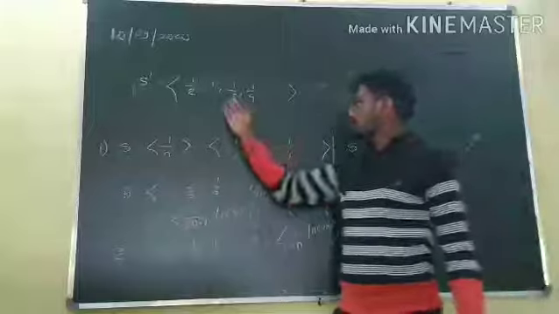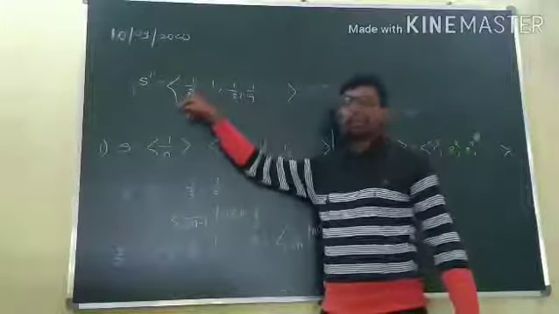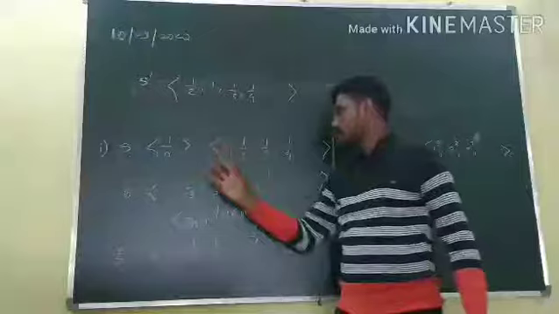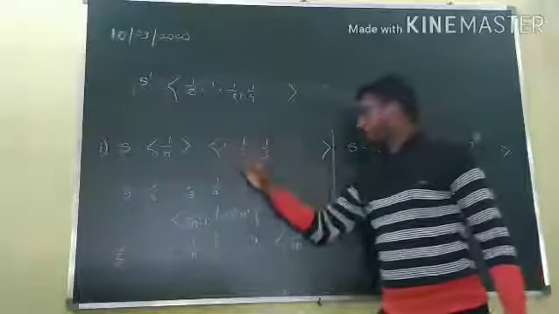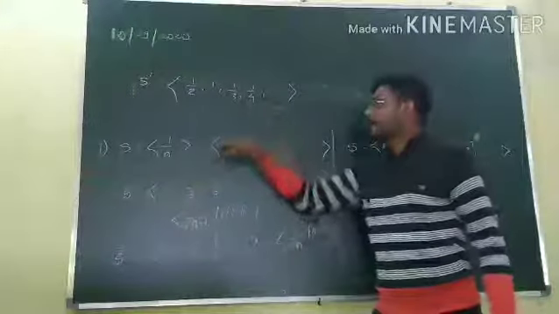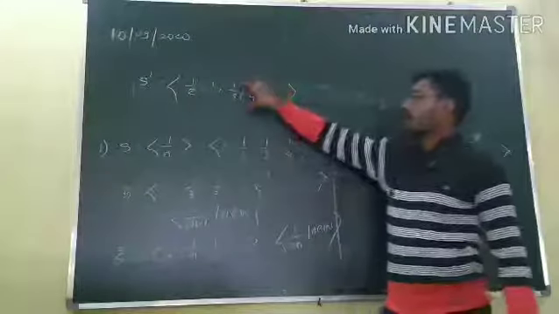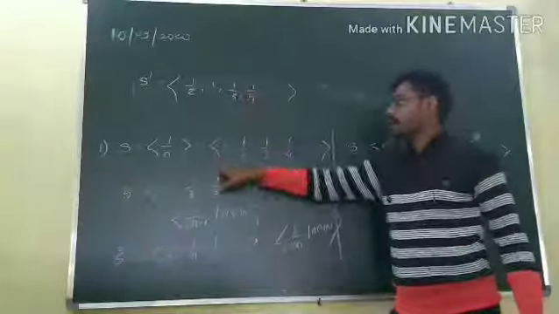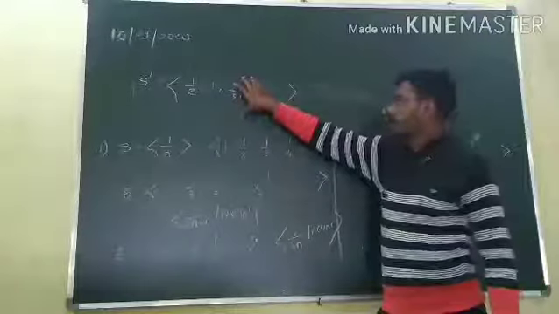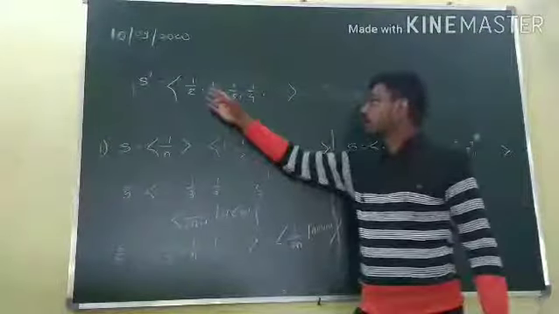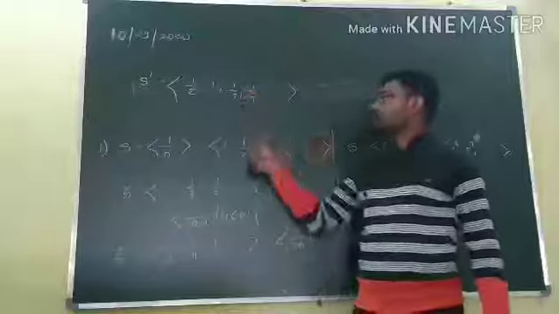Why? Here we have written 1 by 2 before 1, but actually in the sequence 1 by 2 comes later than 1. Here the order gets disturbed. So this is not a subsequence of this sequence. Although all the elements here are already contained in s, the order gets disturbed, so this is not a subsequence.